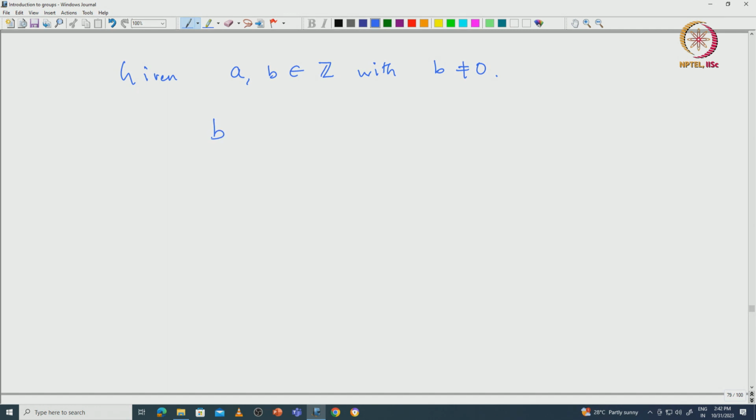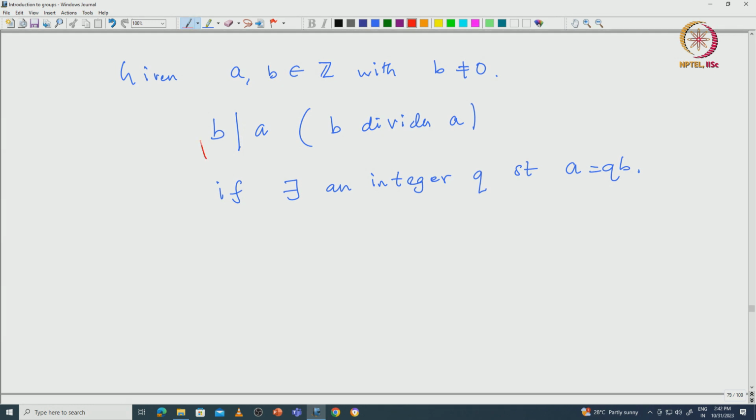Symbolically we write this as b vertical line a, which should be read b divides a. You say this if there exists another integer q such that a equals qb. So this is the symbol that we will be using always.